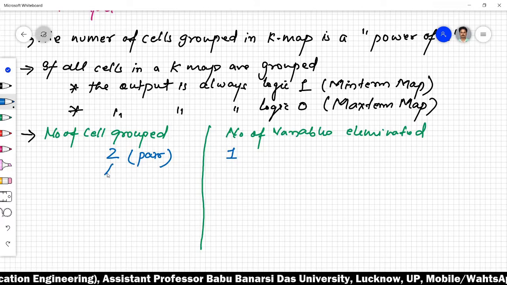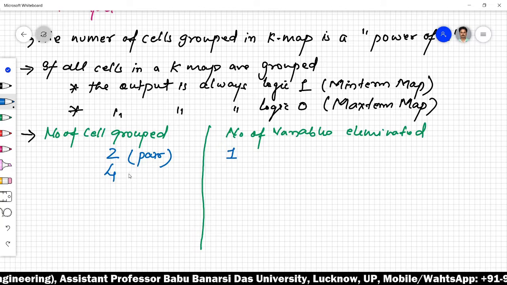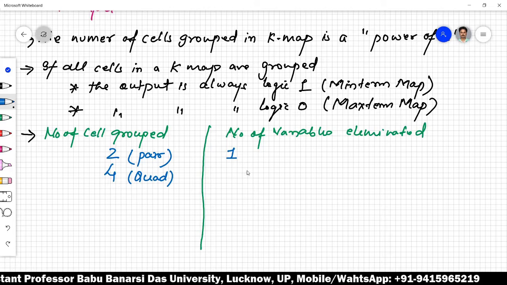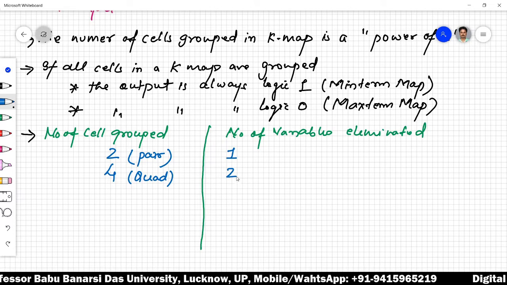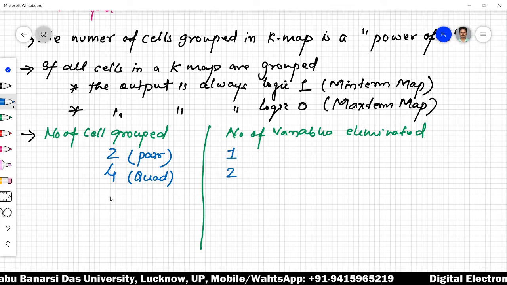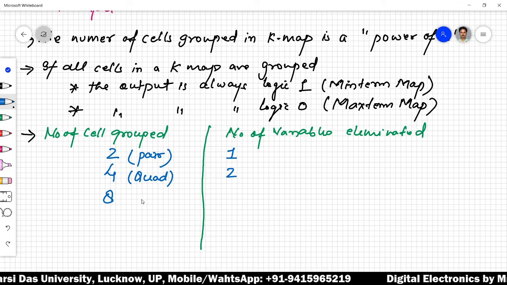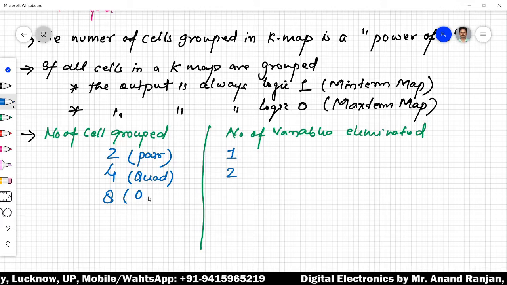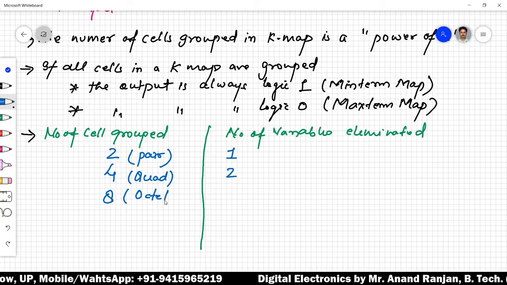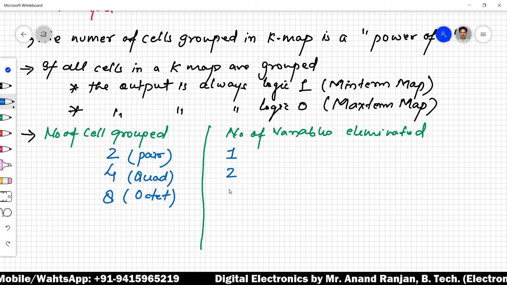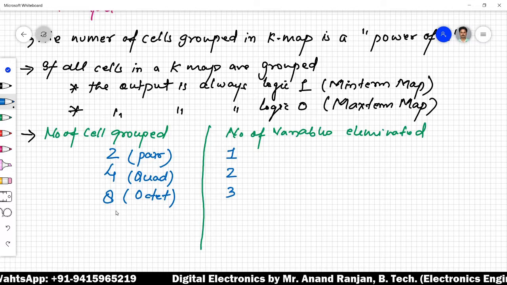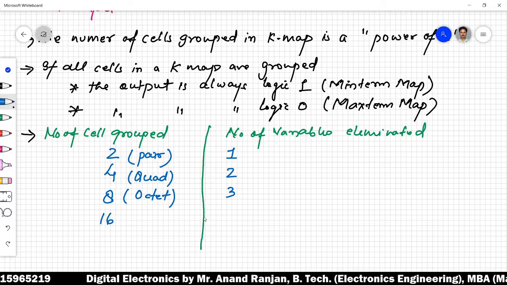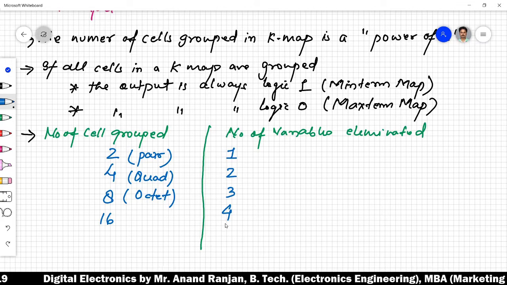If we make a group of four adjacent cells, this is known as a quad. In that case we eliminate two variables. If we group 8 adjacent cells, this is known as an octet, and we can eliminate 3 variables. If we make a combination of 16 adjacent cells, then we eliminate 4.